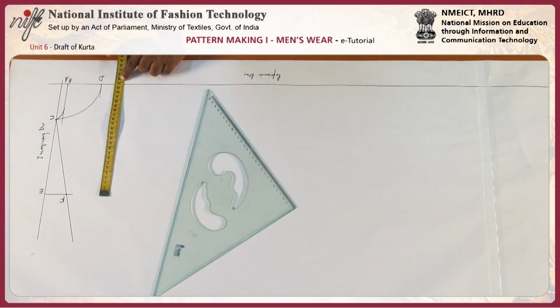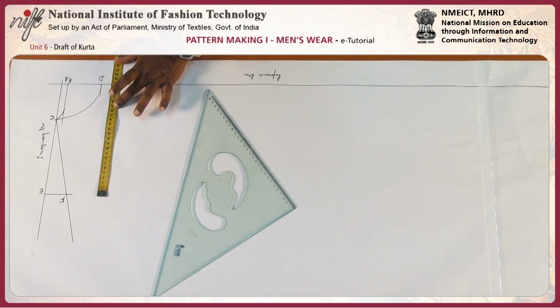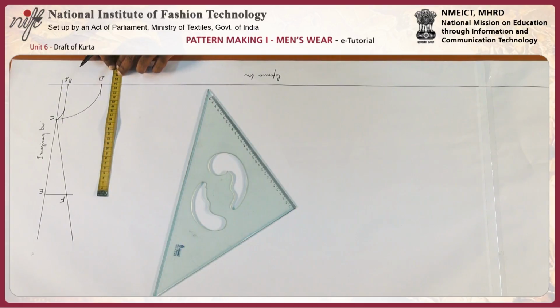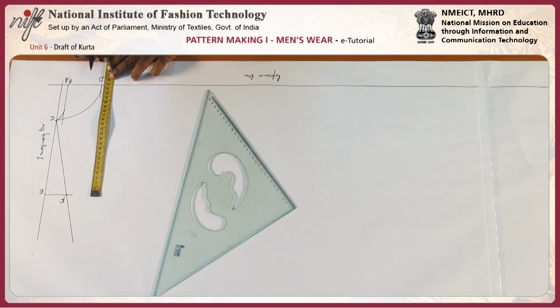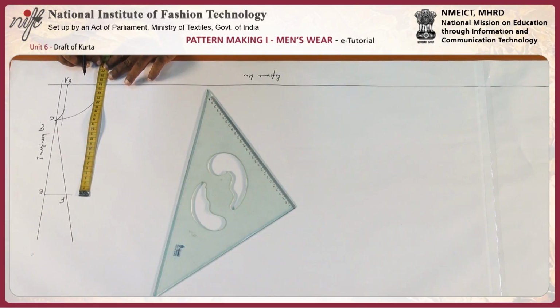You can follow the technique of how I am going to take point H and G. I am placing the across shoulder measurement, that is 23.5, and keep moving till it intersects on the slant line.